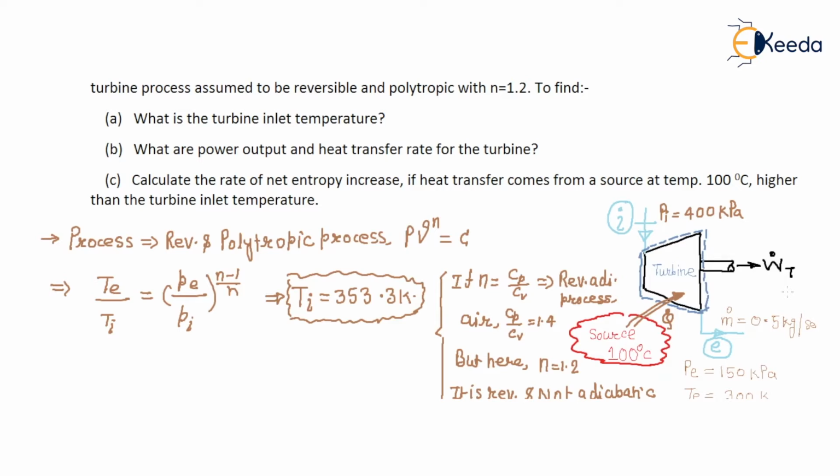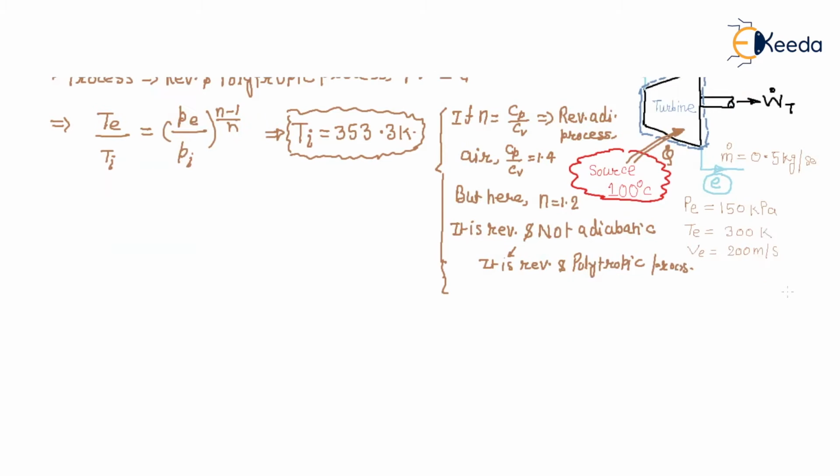And when it is asked what is the heat transfer, someone asks you for information about heat transfer, go to the second law of thermodynamics. So we want the power transmission, so apply the first law of thermodynamics.